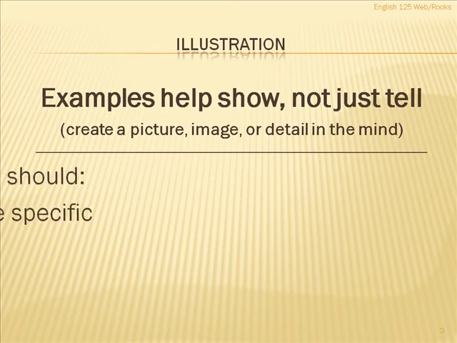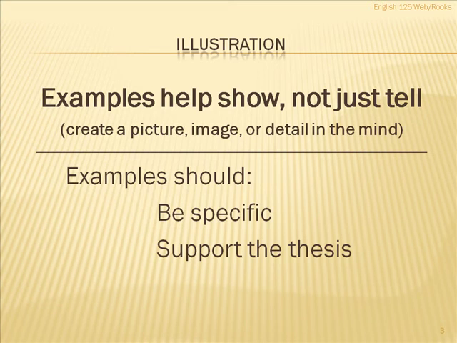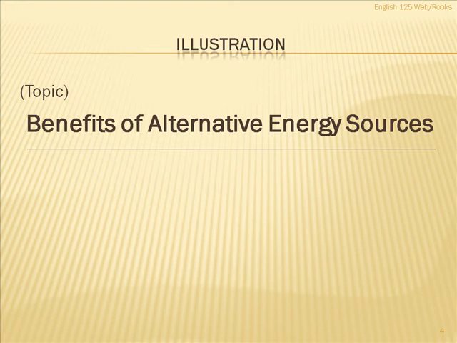So what should examples do? Well, first of all, they should be very specific and use good detail. They should support the topic or the thesis of the paper that you're working on, and they should also help clarify the main ideas that you are bringing out. Let me give you an example here.